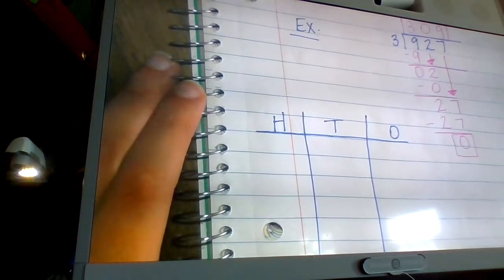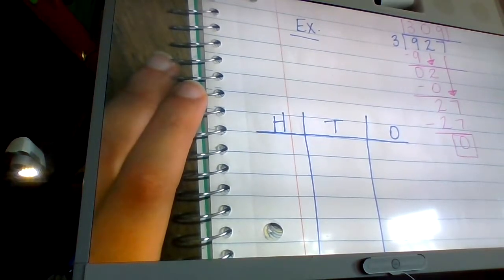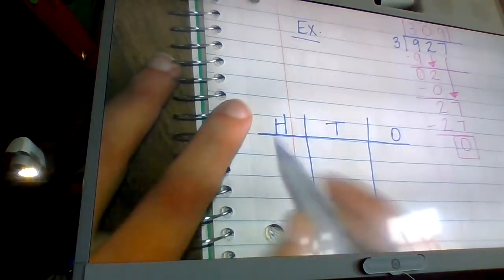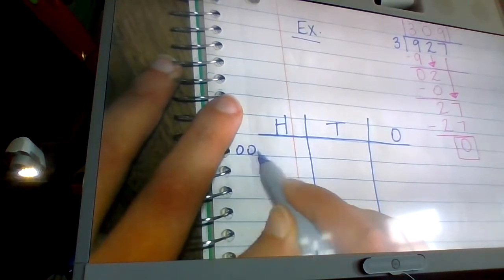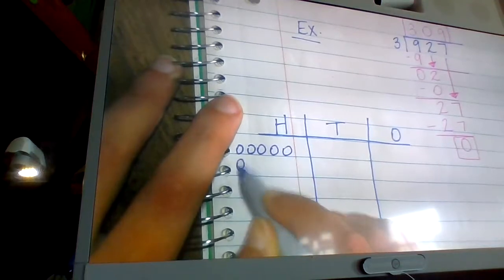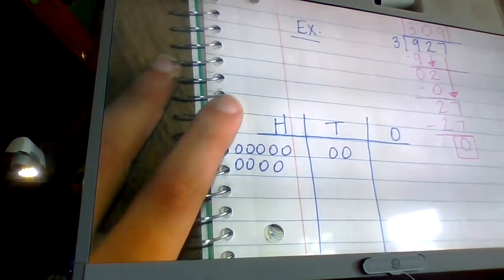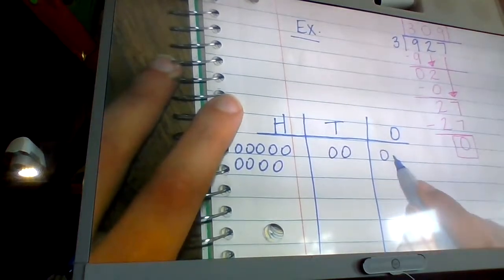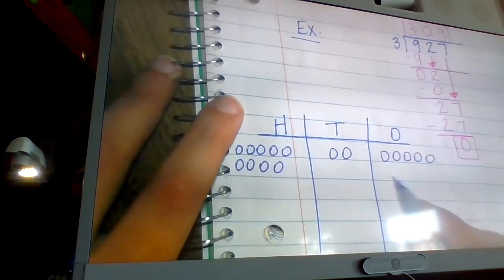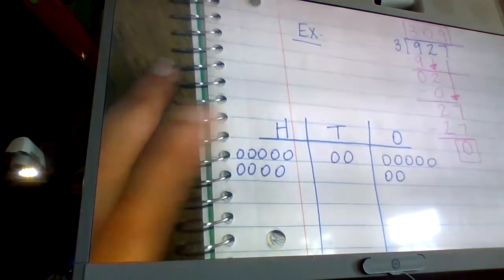So my dividend is 927. There's 9 in the hundreds place. 1, 2, 3, 4, 5, 6, 7, 8, 9. There's 2 in the tens place, and there's 7 in the ones place. 1, 2, 3, 4, 5, 6, 7. Okay.